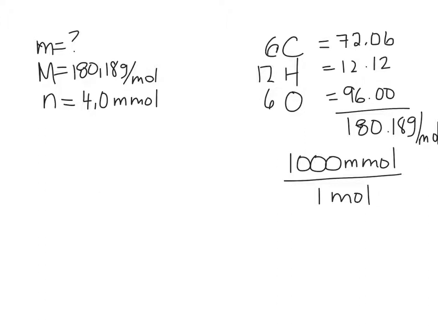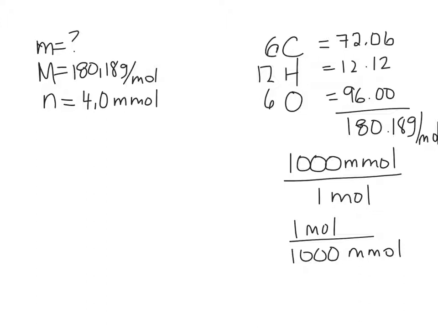That is called a ratio. It's a mathematical relationship. I could also write that 1 mole contains 1,000 millimoles. These ratios mean the same thing. They show a relationship between 2 different quantities.